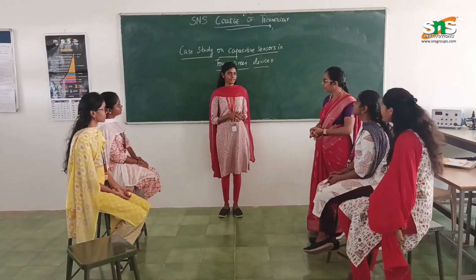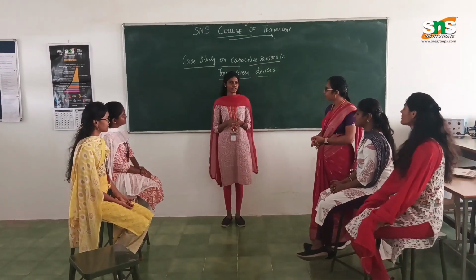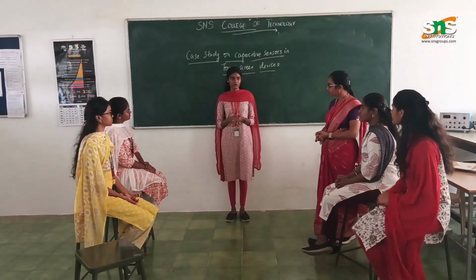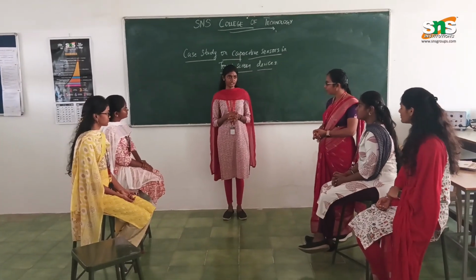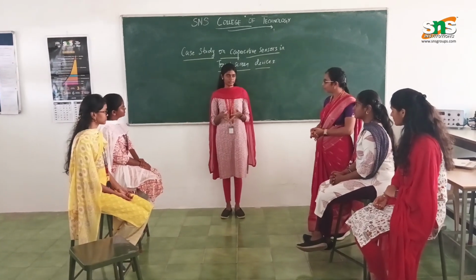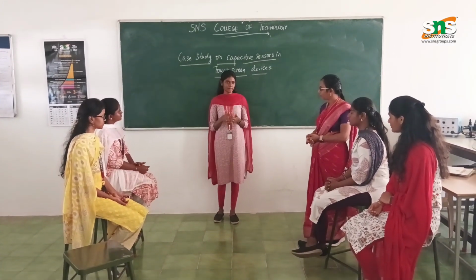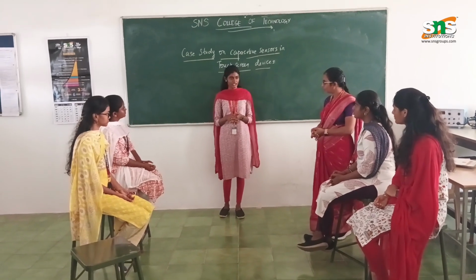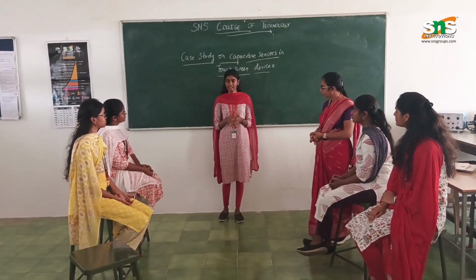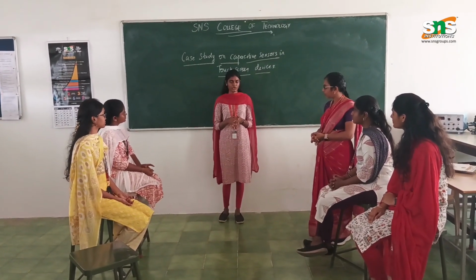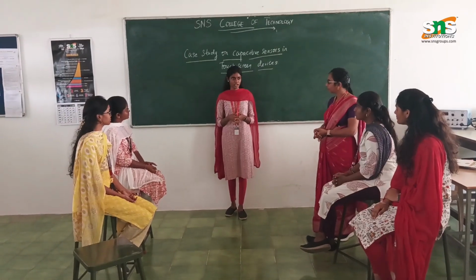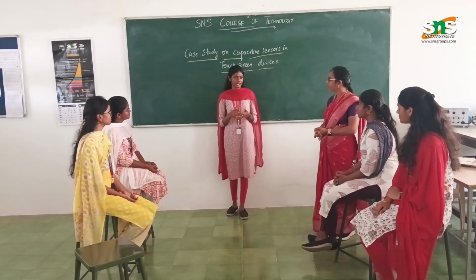I'm Yoganila from second year ECE. I'm here to talk about the case study scenario of a smartphone touchscreen project. The main system components are transparent electrodes, a glass protective layer, a signal processing unit and a capacitive sensing controller. Let us see how the process works. The system grid generates an electric field.